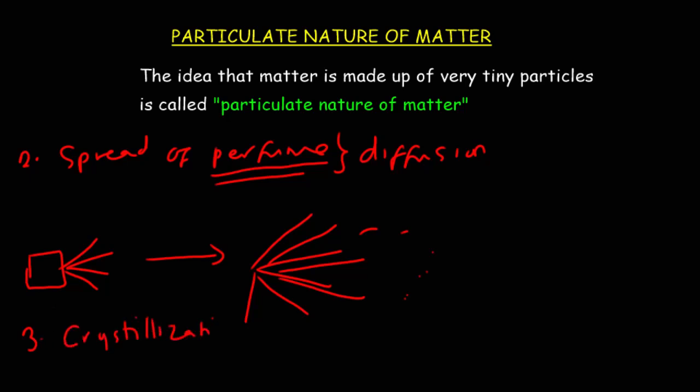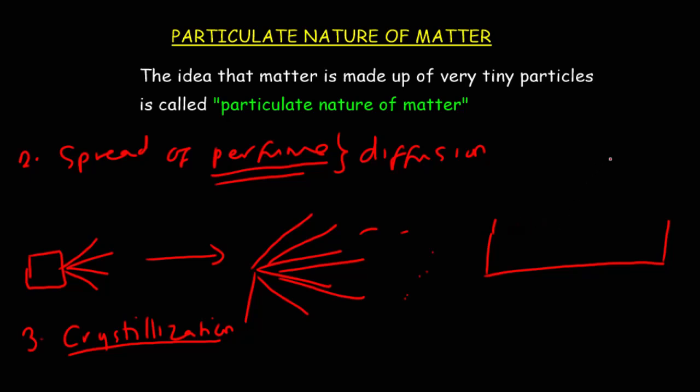All right. Now let's look at the third evidence of particulate nature of matter: crystallization. Now, when we talk of crystallization, we are just talking about the process by which crystals are formed. And this method is mostly applied in the production of salt. Right? Now, to produce salt from seawater, if you fetch a seawater, you can't see the salt in it because the salts are dissolved in the water.